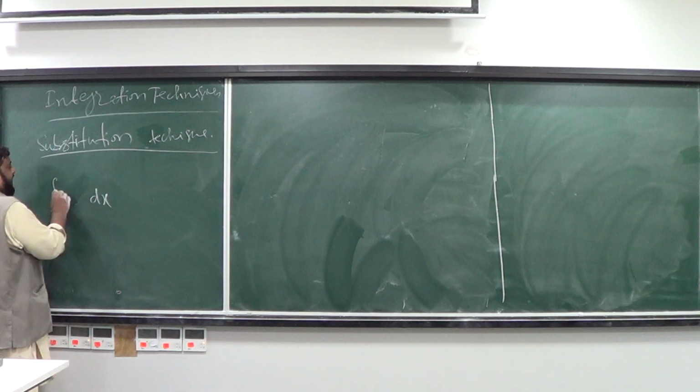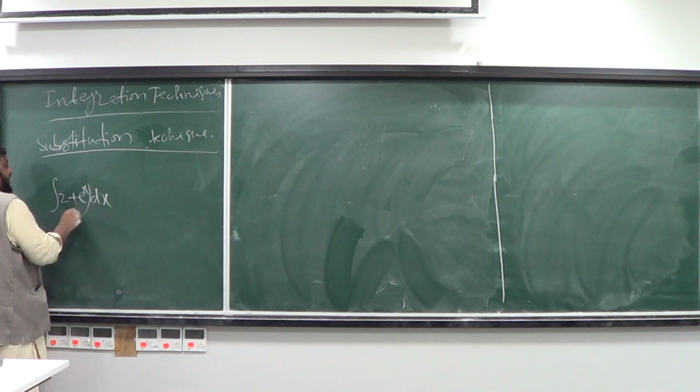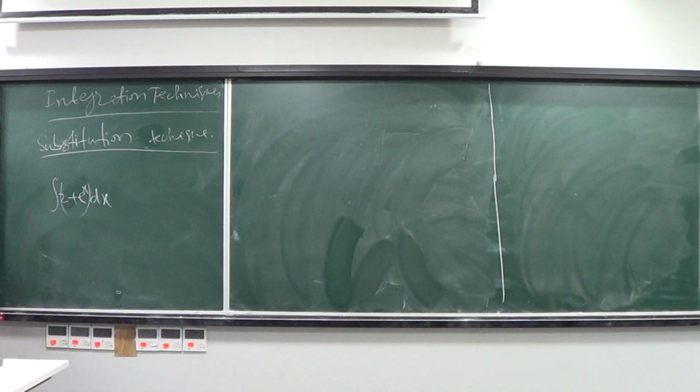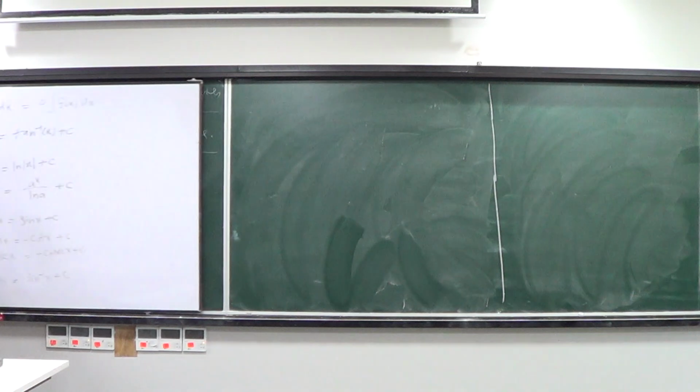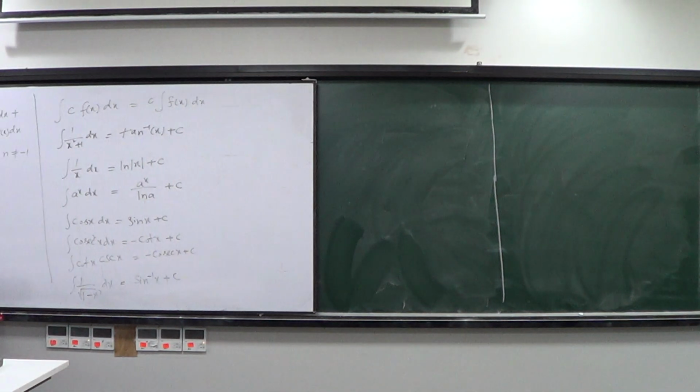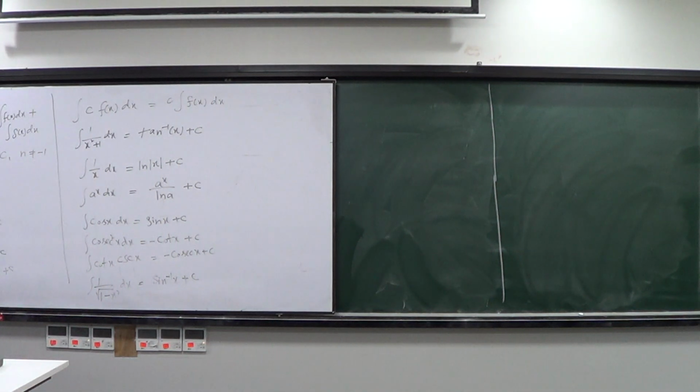If I add 2 to the e to the x, this is still easy to deal with, because if you have two functions added together and you want to integrate them, you can integrate them separately and sum them.